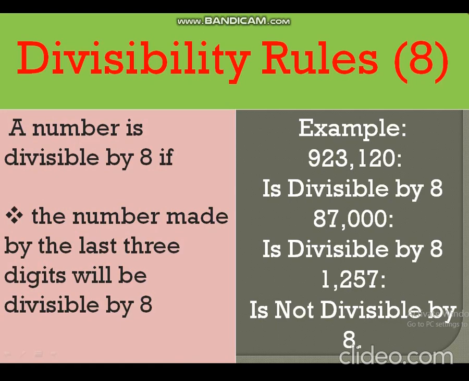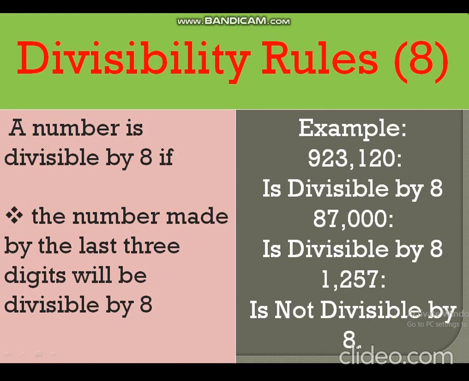According to the rule, I should take the last 3 digits, which are in hundreds, tens and ones places respectively. So, now my hundreds place digit is 1, tens place digit is 2 and ones place digit is 0. My 3-digit number is 120, which is divisible by 8. Therefore, the number 923,120 is also divisible by 8.